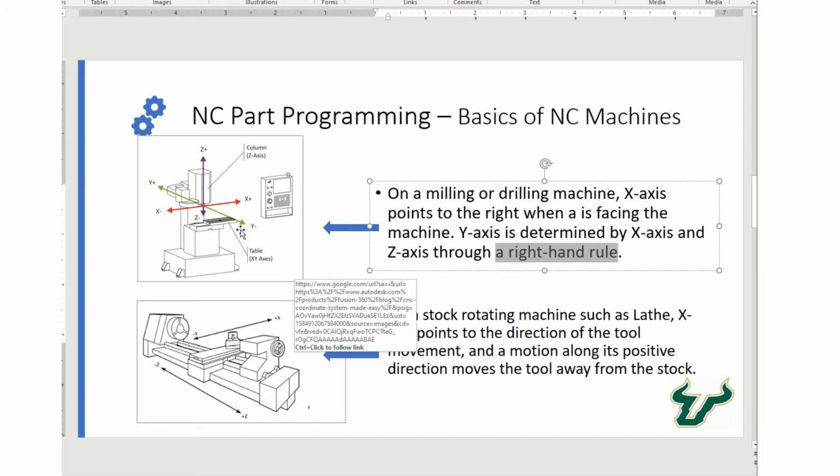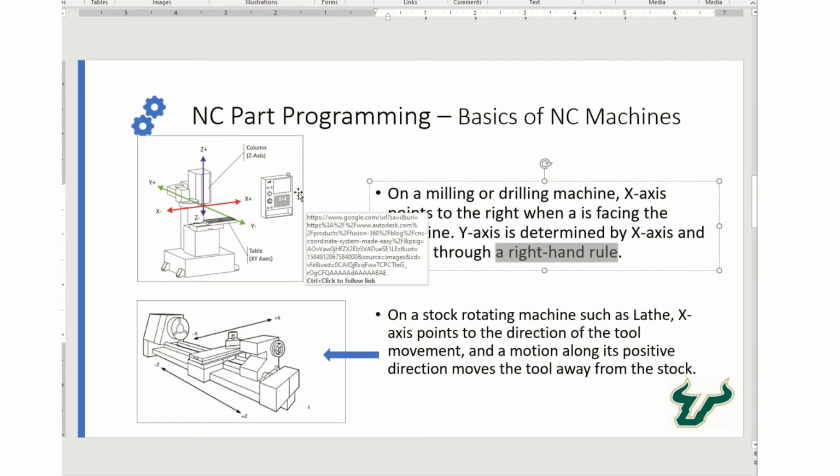Okay, so if the operator is standing here, the positive x-axis would be on the right side. As you saw in the previous slide, the z direction is the direction where the spindle is imparting the power, so that's the z-axis, with positive z in the upward direction.